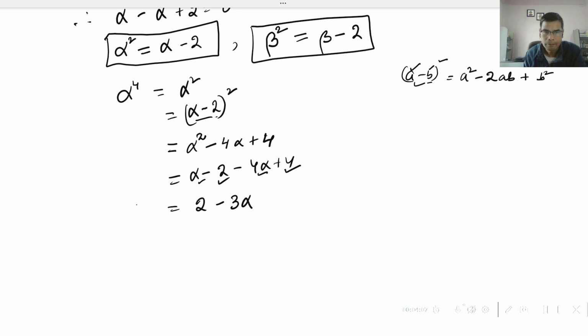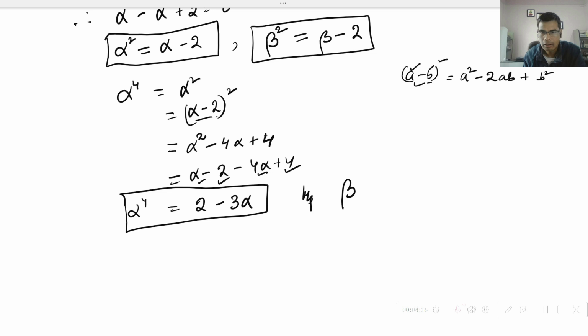In the same way, since we need beta also, beta to the power 4 is equal to 2 minus 3 beta. Lastly, we need alpha to the power 6, which is alpha to the power 4 multiplied by alpha square.